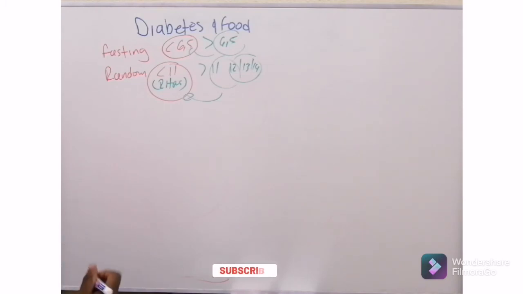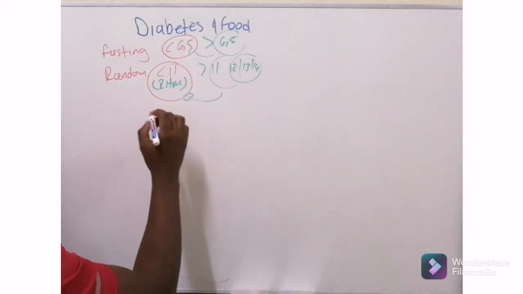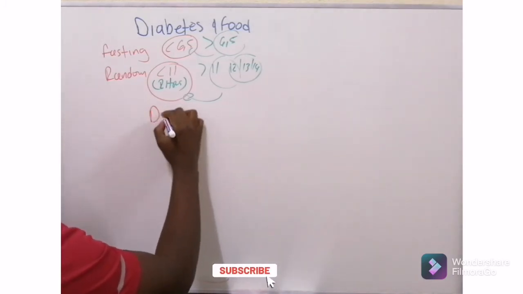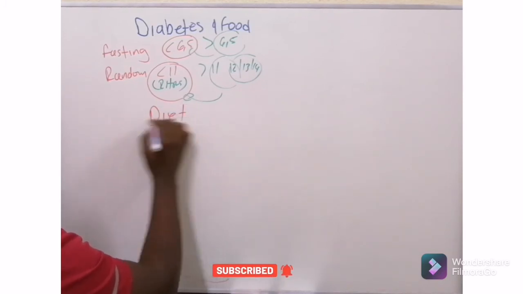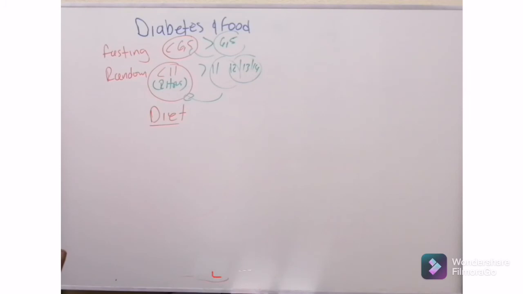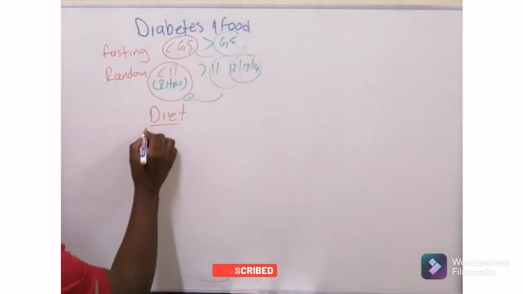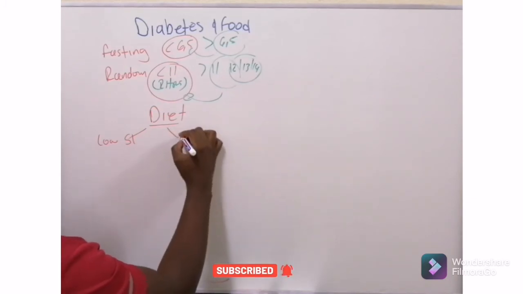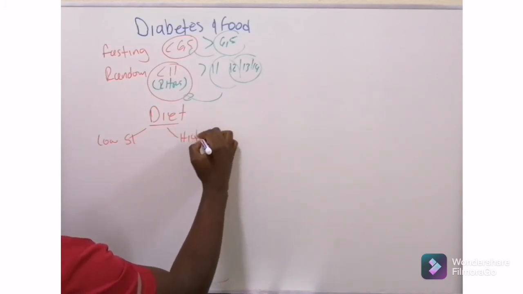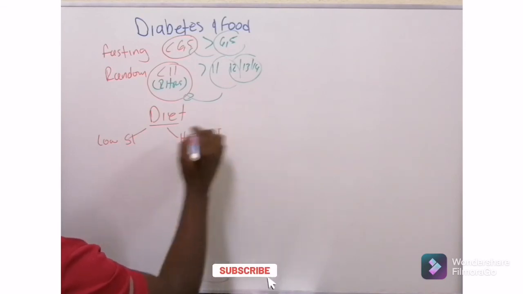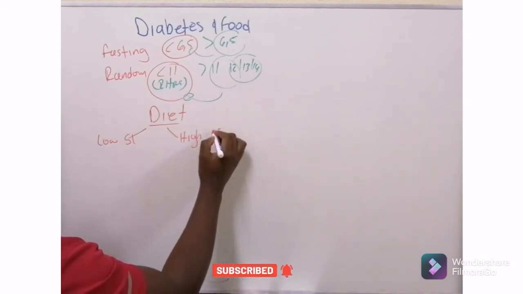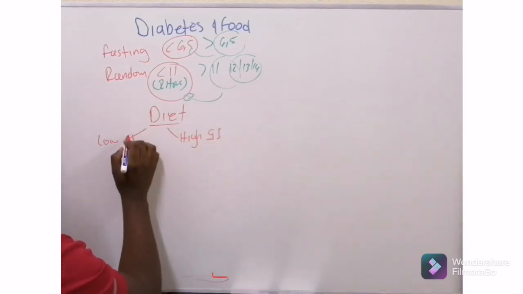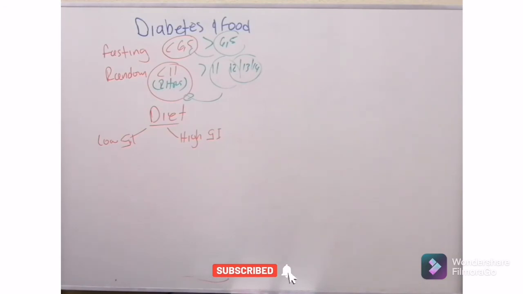Now let's talk about someone who is not diabetic. When it comes to the diet, there are two categories. We're going to talk about low GI and high GI.